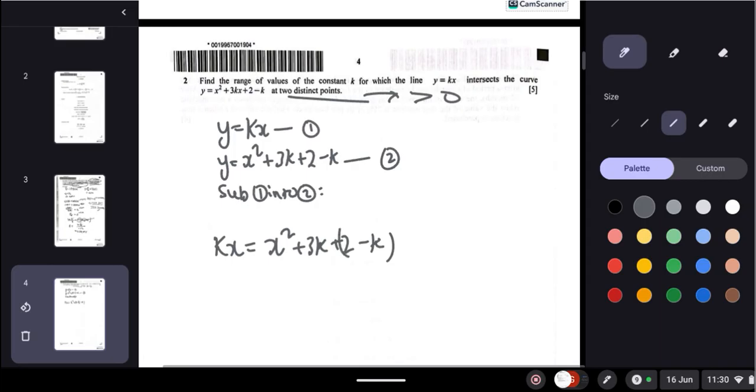When you minus it off, you'll get this. Why I bracket this is to make sure that I don't mix up this and this.